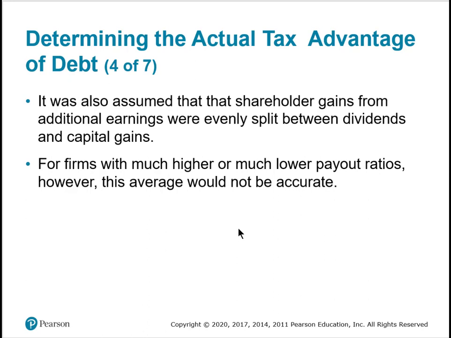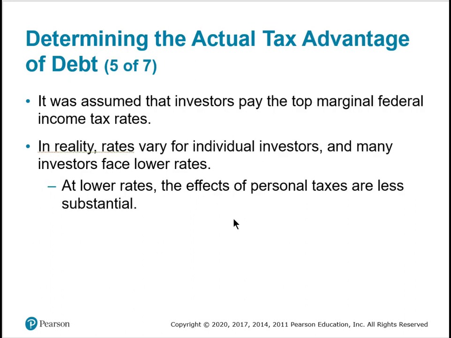Again, we also assumed that shareholder gains would be evenly split between dividends and capital gains. For firms with much higher payout ratios, this average wouldn't be accurate. So depending on the ratio of payout, we also have some differences in the actual tax advantage.